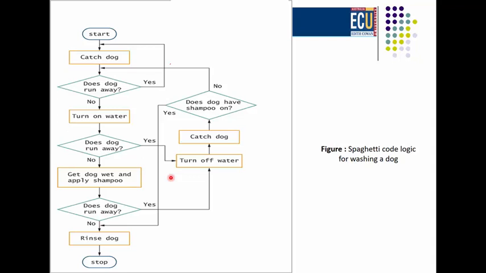Okay, for example, if the dog runs away, then you go over here. But if the dog does not run away, you go and do some task. But if it runs away again, these need to be implemented in an if-else structure. And if this is an if, and you do something, then else is how you would include an else that will go again to that function.